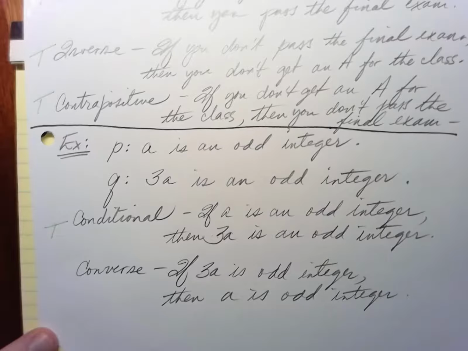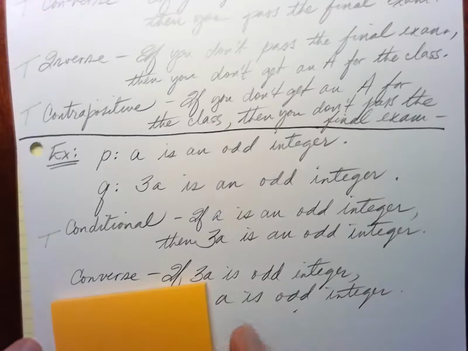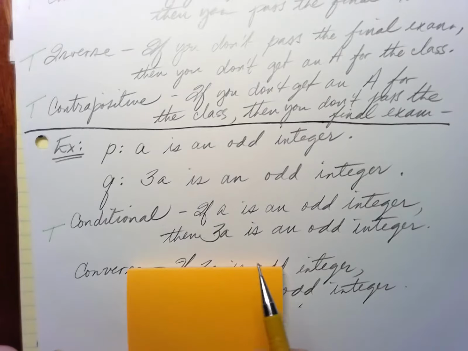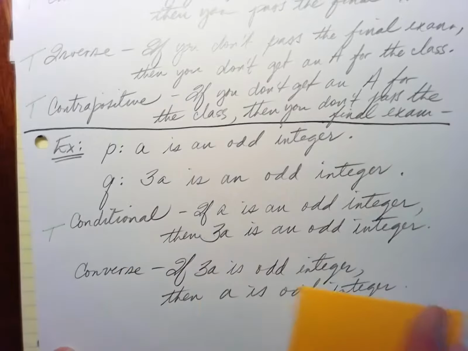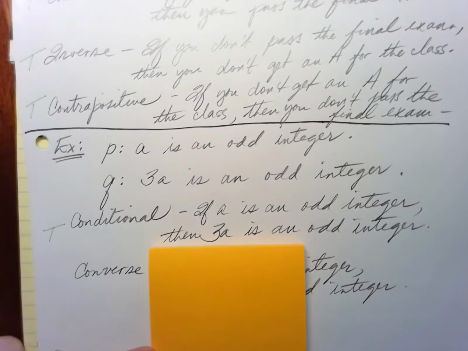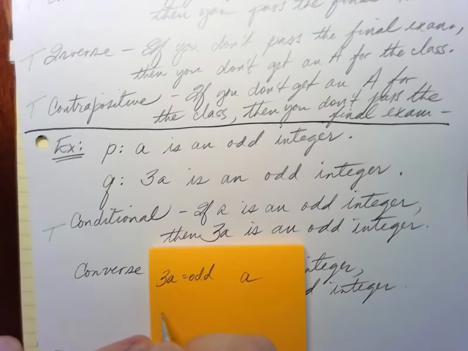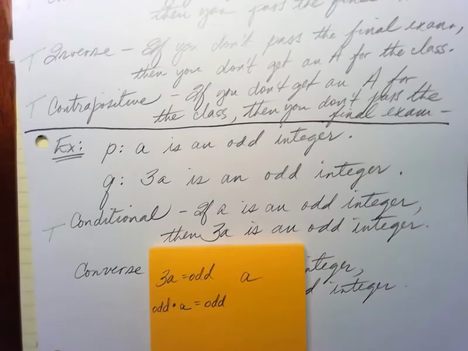Okay? If 3A is an odd integer, then A is an odd integer. Well, let's look at some examples here. If 3A is odd, then we're looking for what A is going to be. So if 3A is odd, then this means that odd times A equals odd, right?